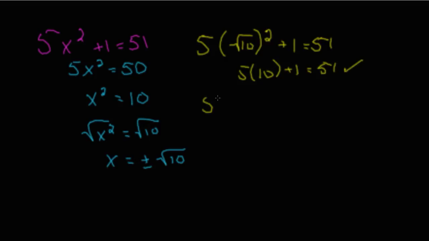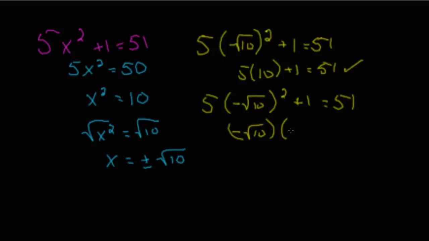Now, 5 times a negative square root of 10 squared plus 1, does that equal 51? Well, a negative square root of 10 times a negative square root of 10 gives us a positive 10. Negative times a negative is a positive.